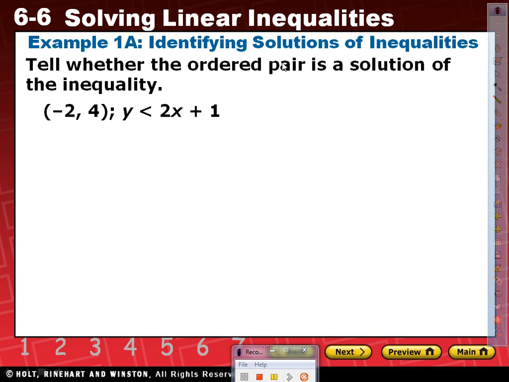Example 1A, tell whether the ordered pair is a solution of the inequality. And then they give you the ordered pair is (-2, 4), and the inequality is y less than 2x plus 1. Once again, the ordered pair is (-2, 4), and the inequality is y less than 2x plus 1. You got 20 seconds to finish.